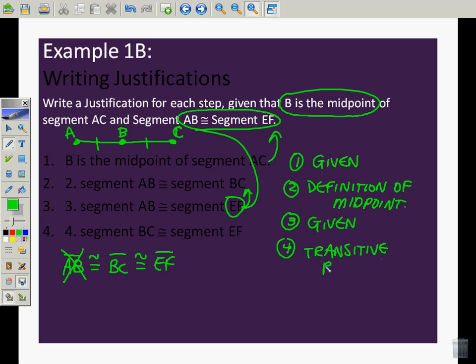Because if two things, EF and BC, are both congruent to AB, I can say AB is out of the picture now, and I can put those two together using the transitive property. That's the introduction to proofs, geometric proofs 1. Enjoy. We will see you tomorrow.